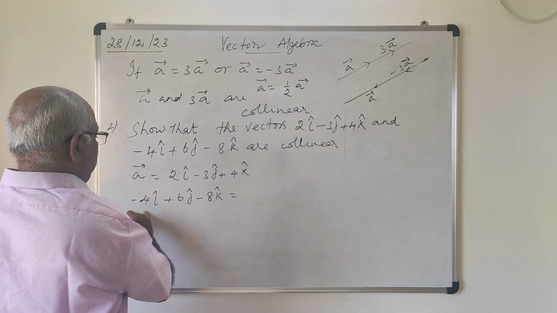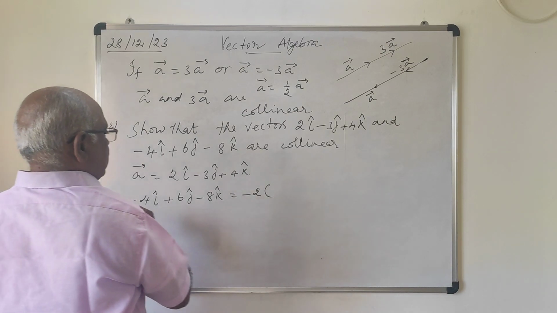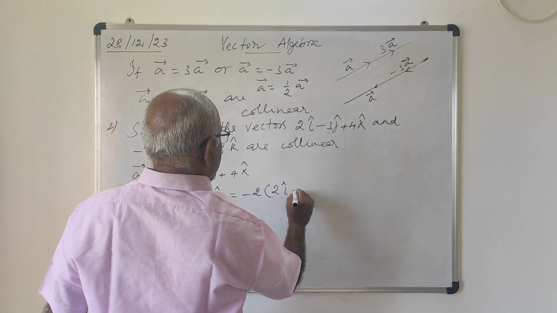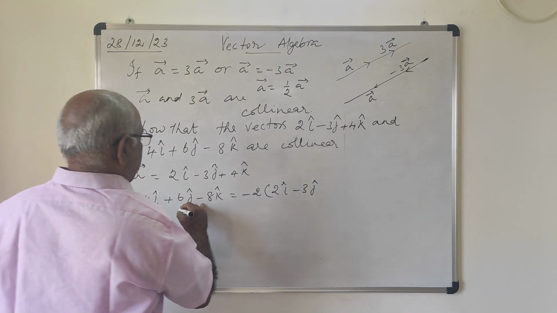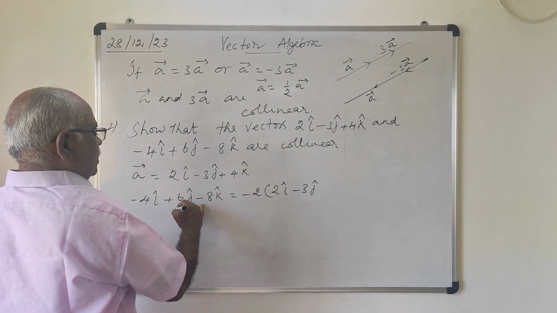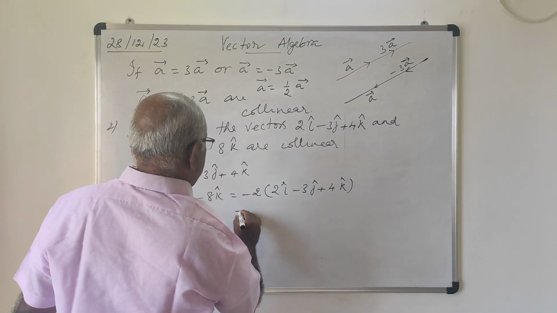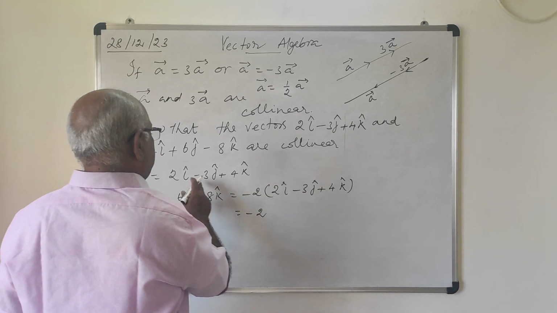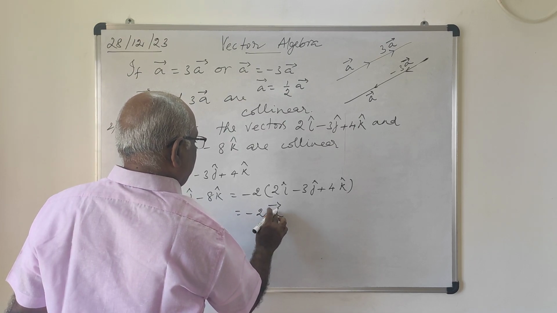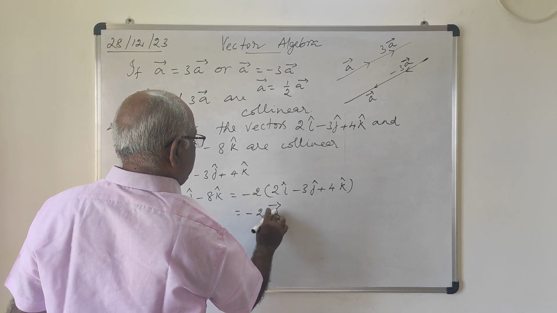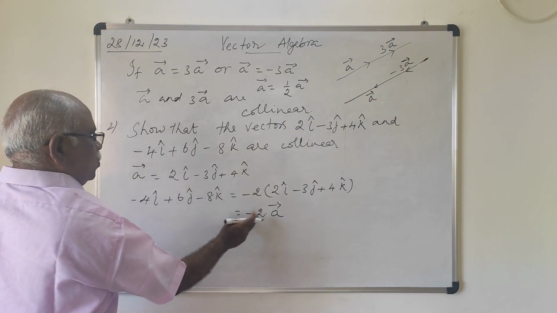If you take minus 2 as a common term in all three components, this is nothing but minus 2 times (2i minus 3j plus 4k), that is, minus 2 times the a vector. So one given vector is a and the other is minus 2 times a.